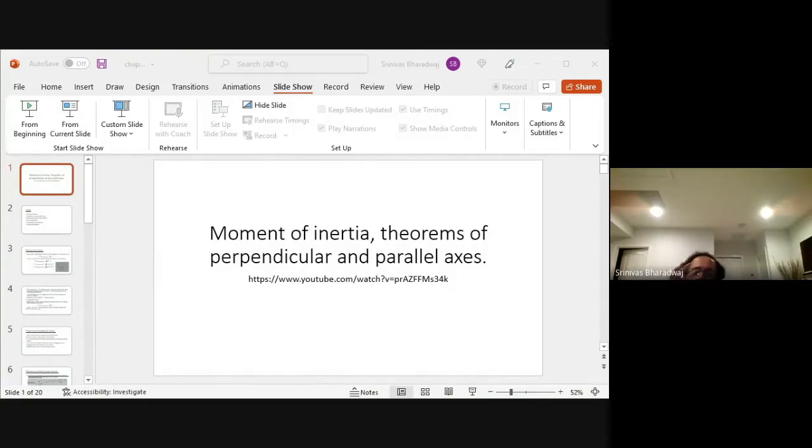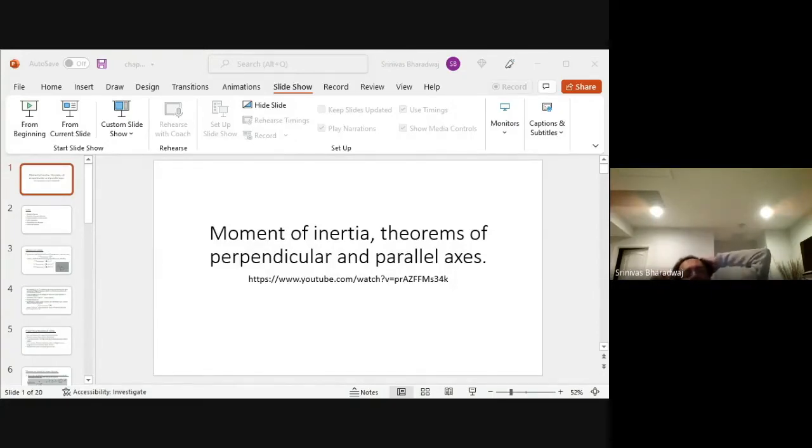Now you integrate all those dI's, from 0 to r, and you end up with I. So 2 pi rho you take out. r cubed dr is r power 4 by 4, and the 1, 2 will cancel, and therefore you'll have mr square by 2. Okay, and so you use that to calculate.